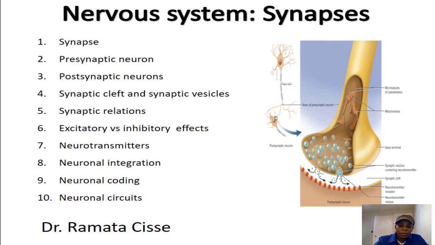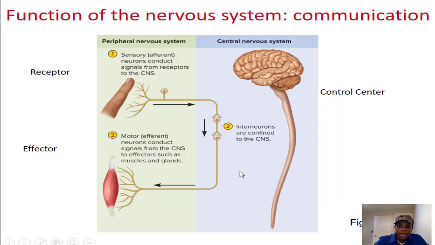Now, we talk about the nervous system as the system that allows you to communicate. That's the main function of the nervous system. We have receptors, like sensory neurons, that receive information. That information is sent to the central nervous system, to the brain or spinal cord.